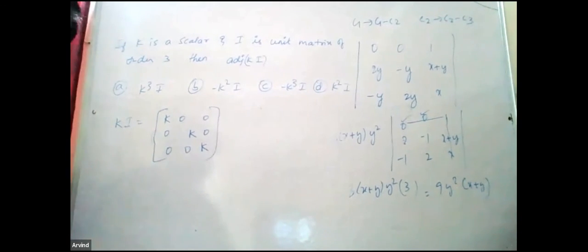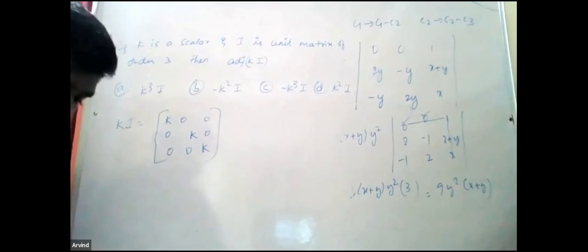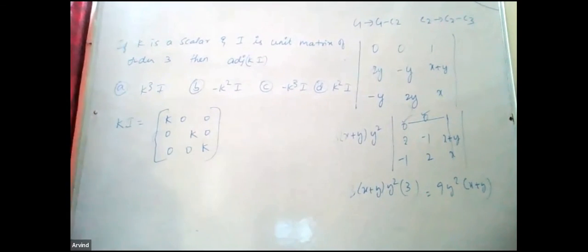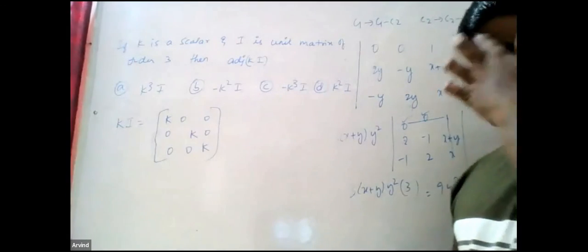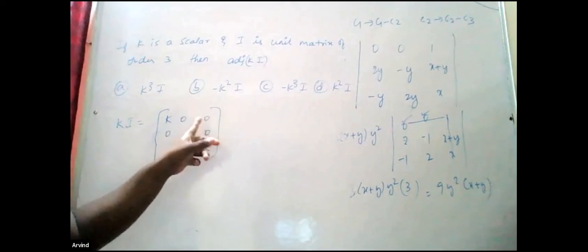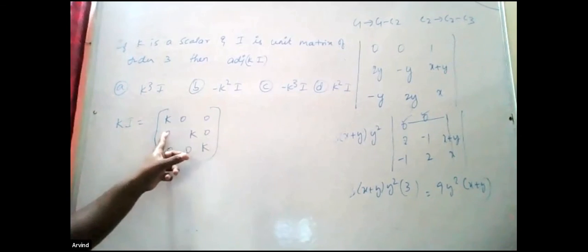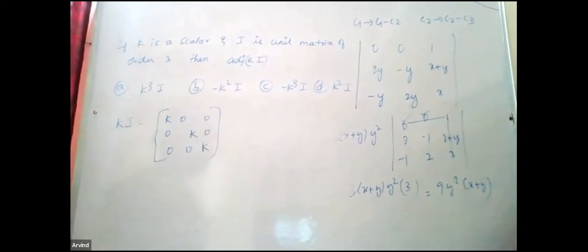Adjoint of KI is nothing but you have to find the cofactor of all the elements. Did you get it? The non-principal elements, the non-diagonal elements, are all 0, so don't worry, the cofactors will also be 0.